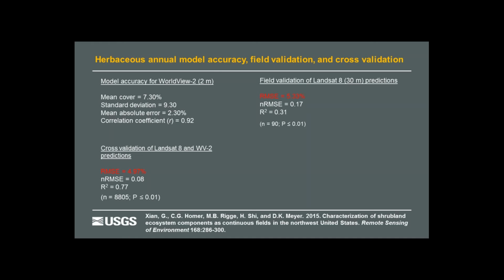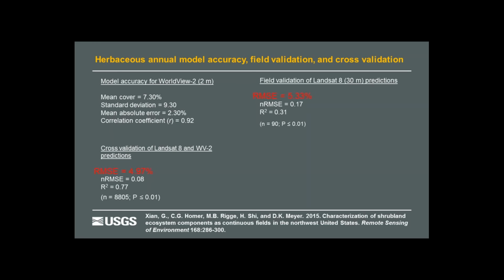In the upper right corner here, you can see the field validation of the Landsat 8 30-meter predictions. And down in the bottom right-hand corner, you can see the cross-validation of the Landsat 8 30-meter data and the WorldView 2 predictions that were averaged up to 30 meters.